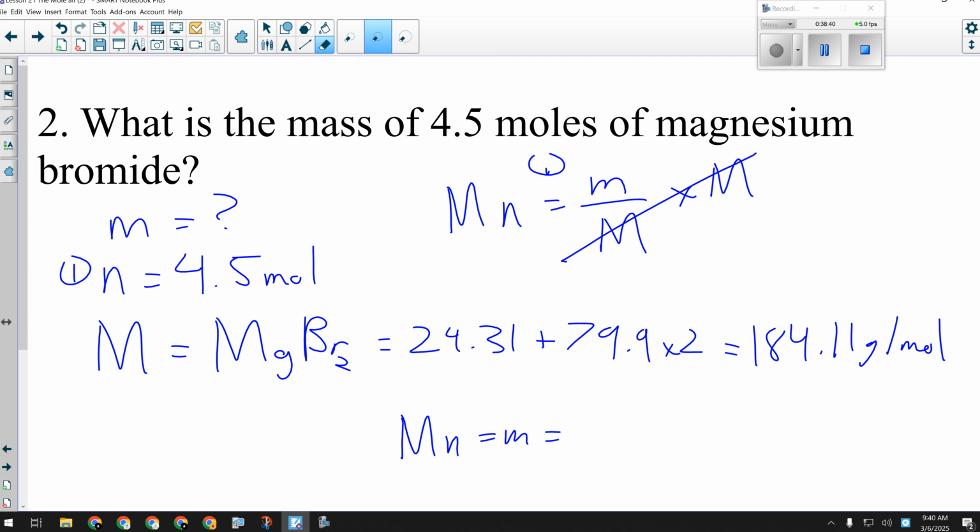So we would have 184.11 times 4.5. This was grams per mole, and this was moles. So the moles are going to cancel, and we'll be left with grams. So this would be your third mark right here, showing that algebra.